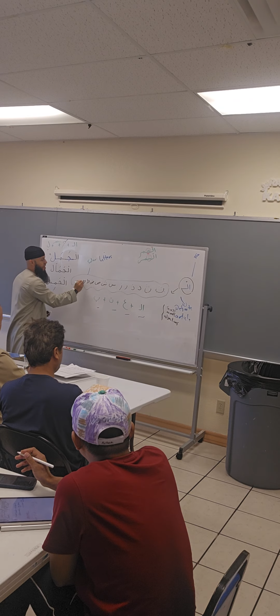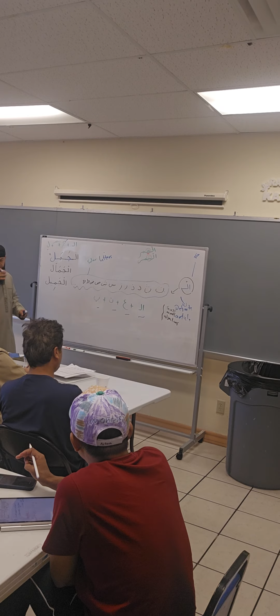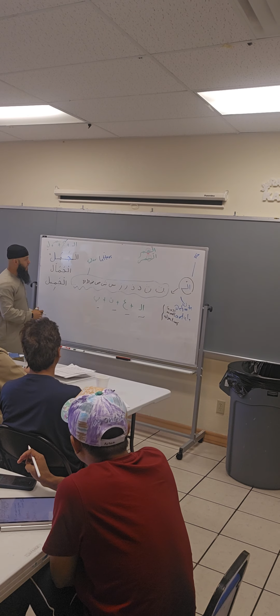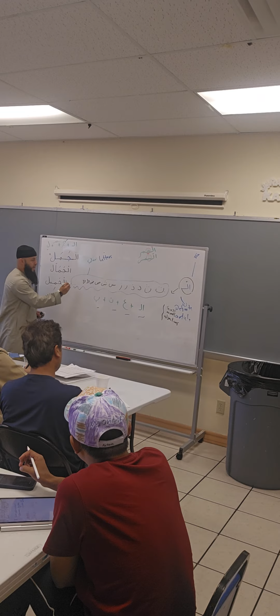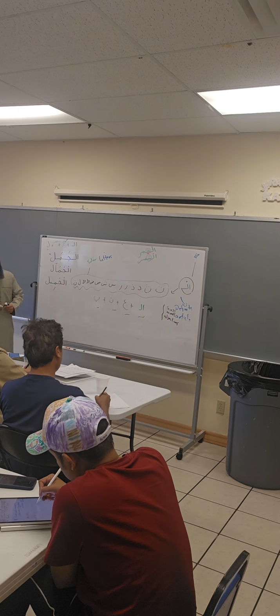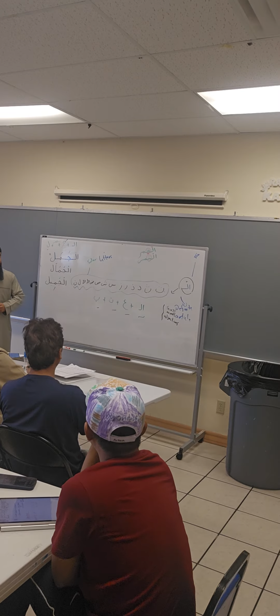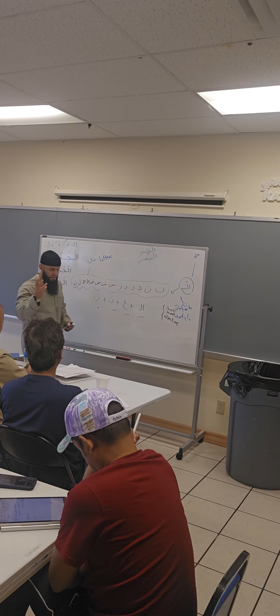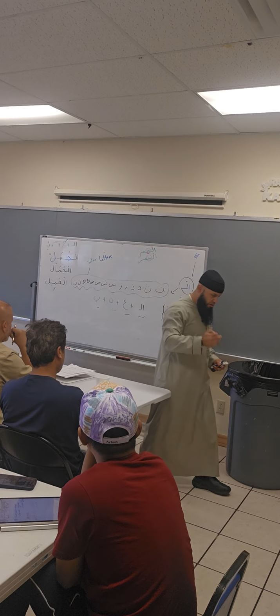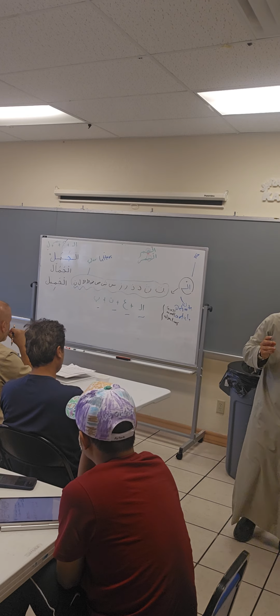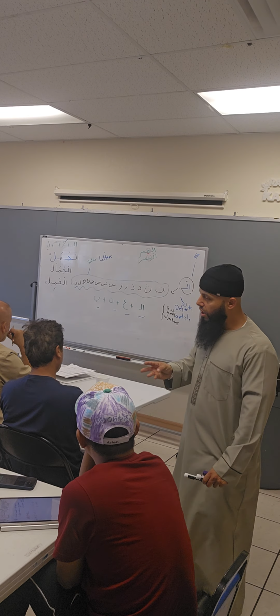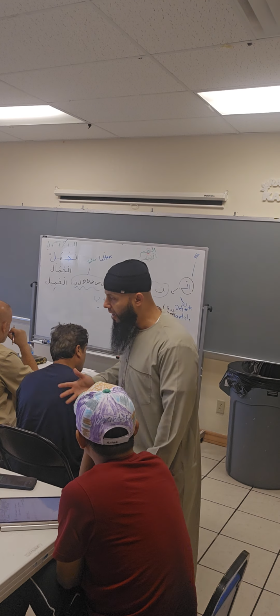It's a long list because it's every letter other than the lunar ones. Ta, va, la, and then na. Okay? So ta, tha, da, tha, ra, sa, sha, sa, ba, ta, va, la, and then na.